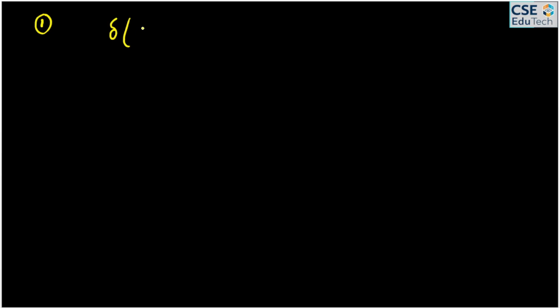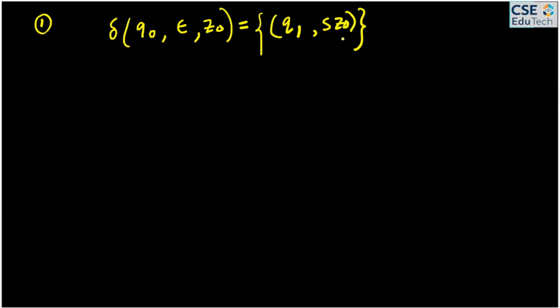For the initial move, suppose you are in Q0 and without reading any symbol, at that time the stack top symbol is G0. So it will move to some state Q1 and S G0 will be this. Here S is basically the start symbol of the grammar G. Right? So this will be the initial move.